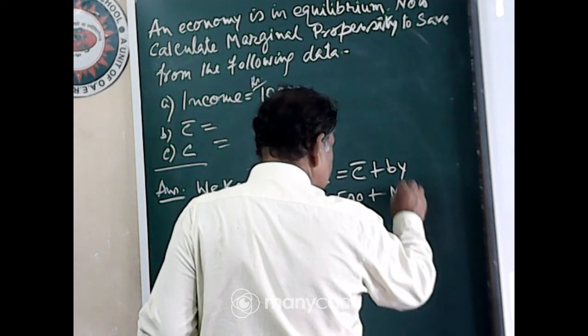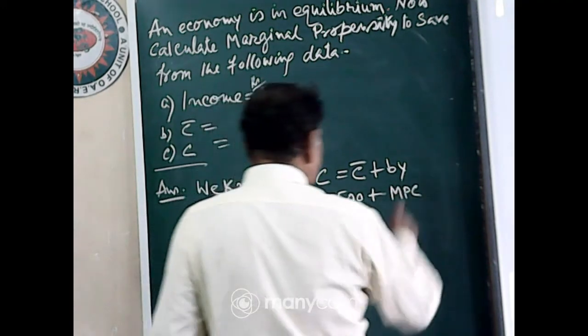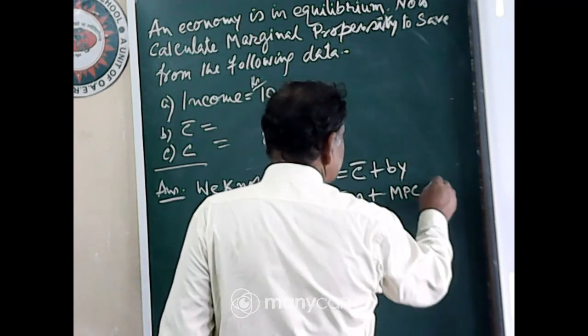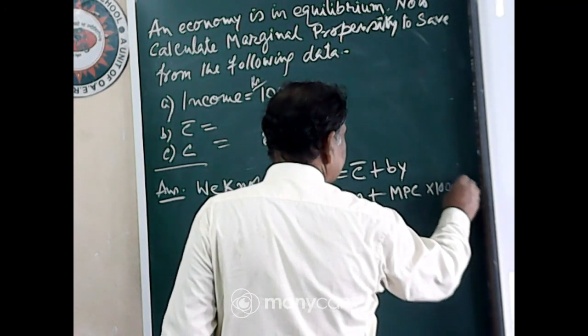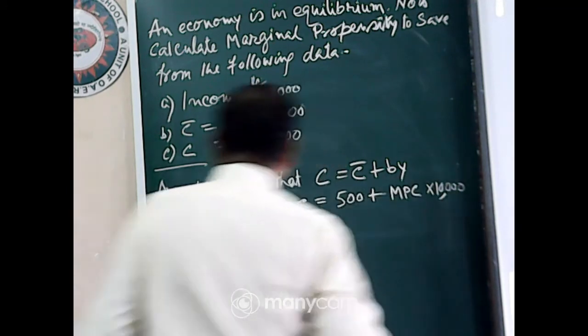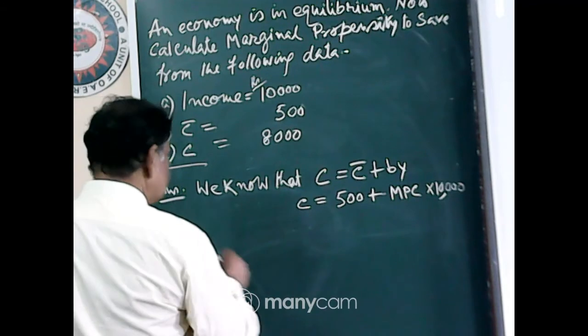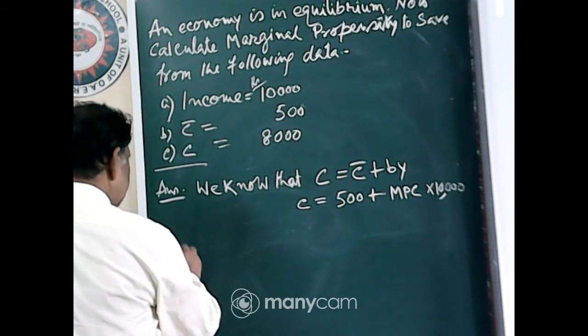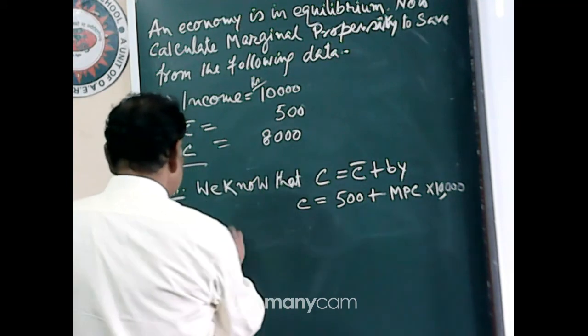B is called MPC, and Y is 10,000. So C is 8,000.